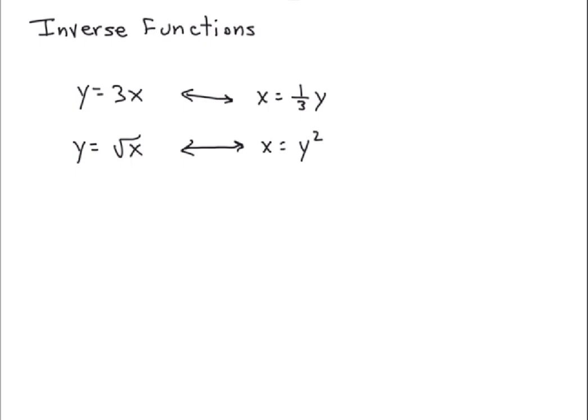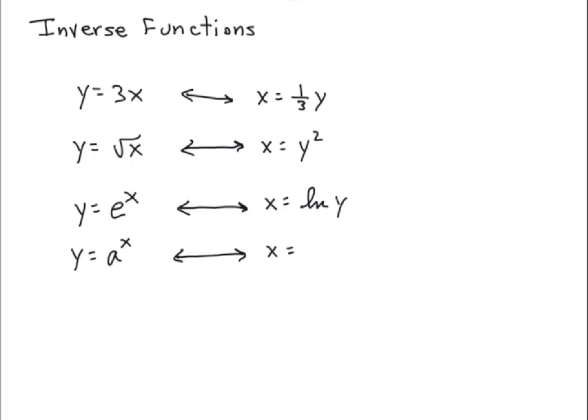So we have if y equals e to the x, that's equivalent to x equals natural log of y. Now that one was done base e. We can do exponentials and logs in any base. So if y equals a to the x, that's going to be equivalent to x equals log base a of y. And we can do the same thing with the trig functions.